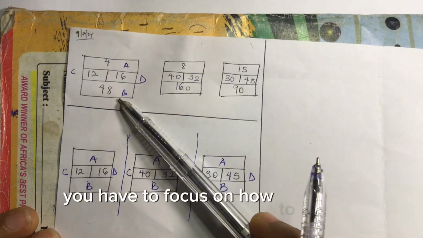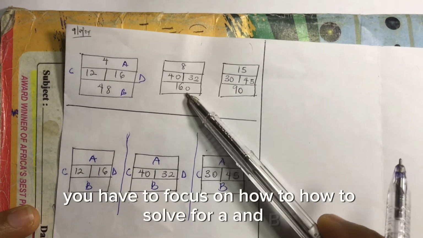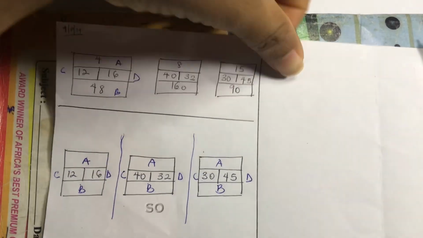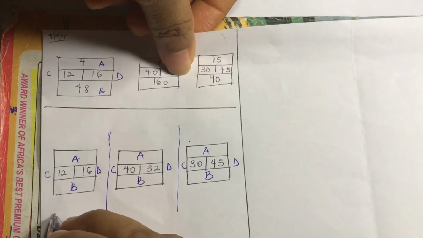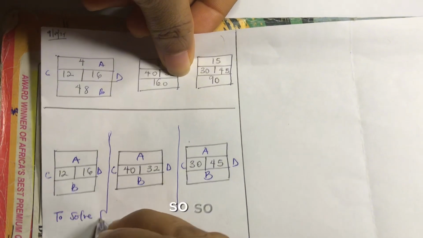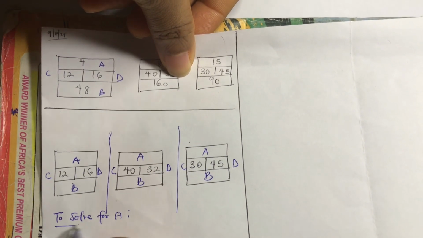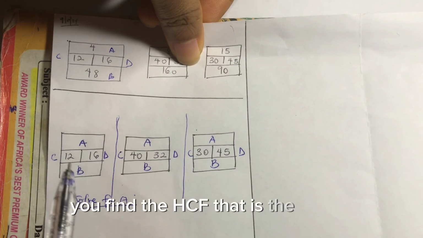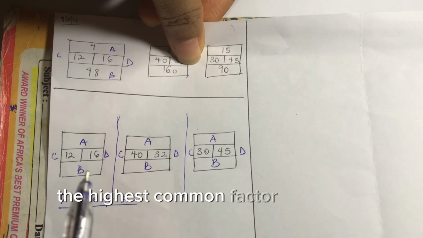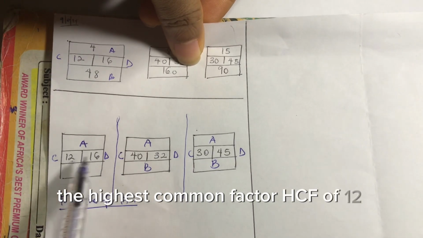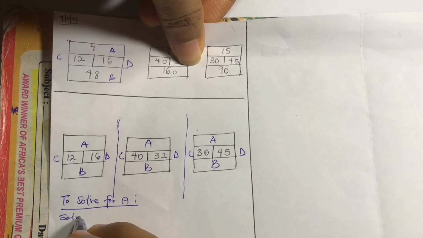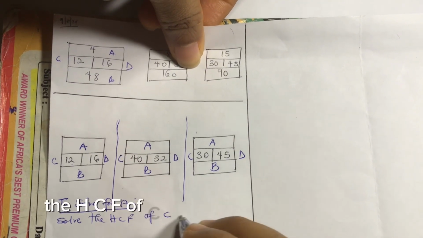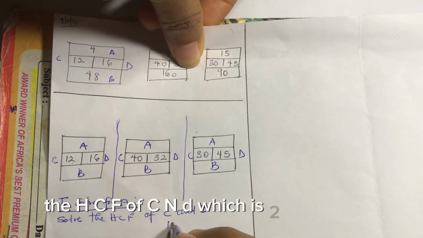We have to focus on how to solve for A and B. To solve for A, you find the HCF, that is the highest common factor, of C and D, which is 12 and 16.